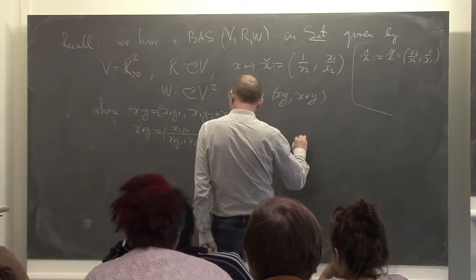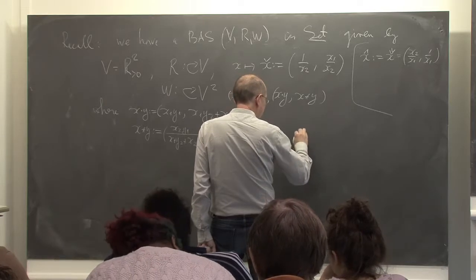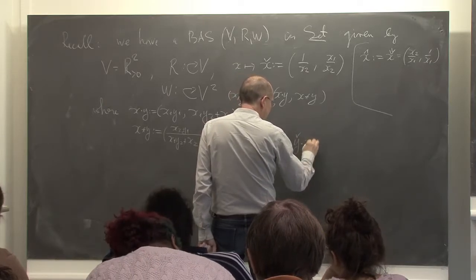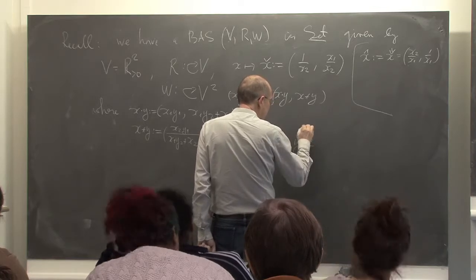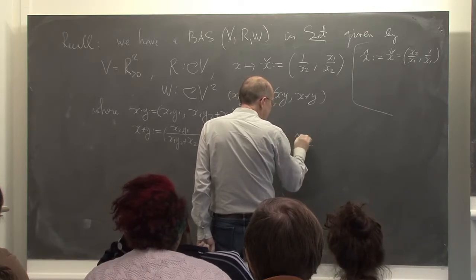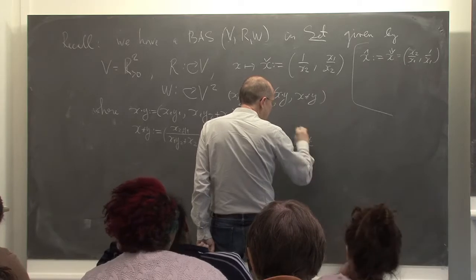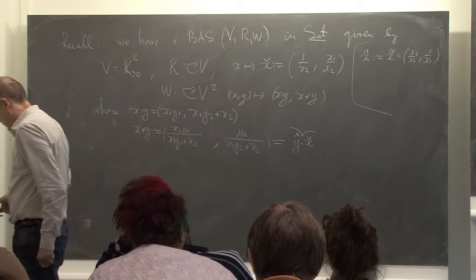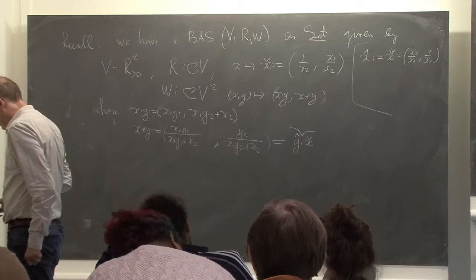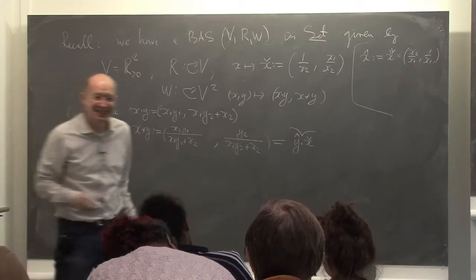So it should be y hat dot y check dot x hat, x y hat, x check, and one big check. Let me check that. It's correct.